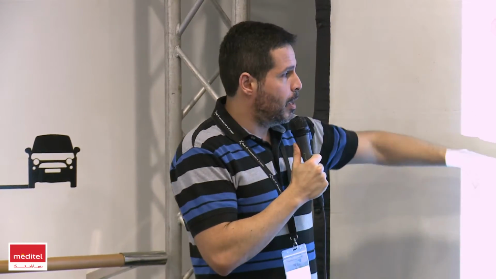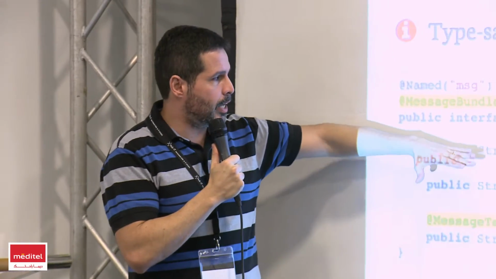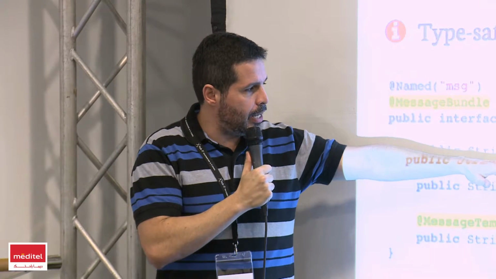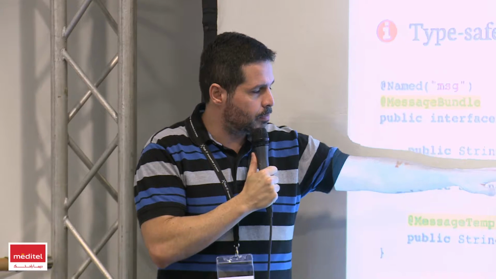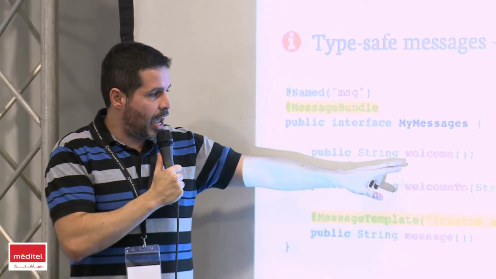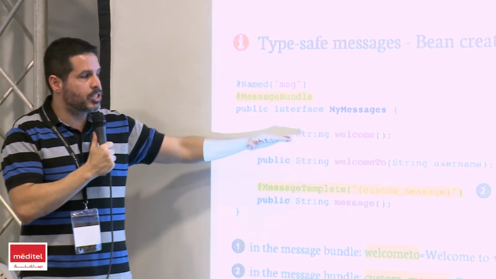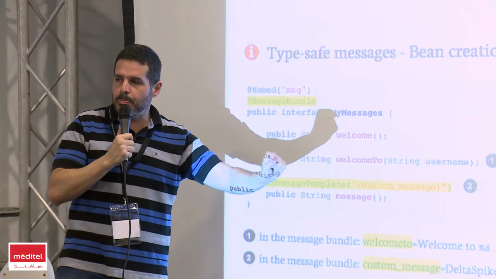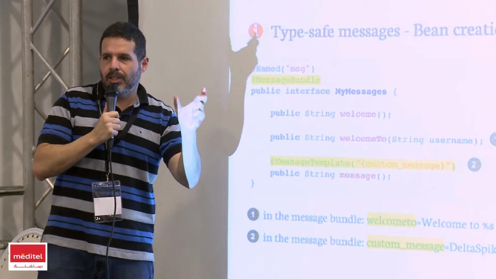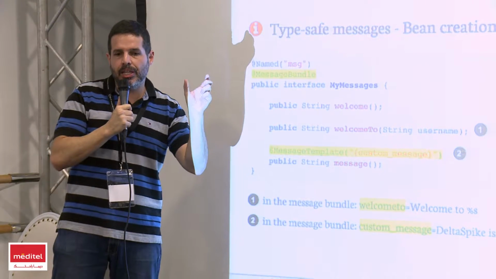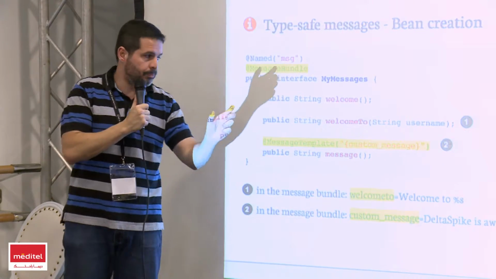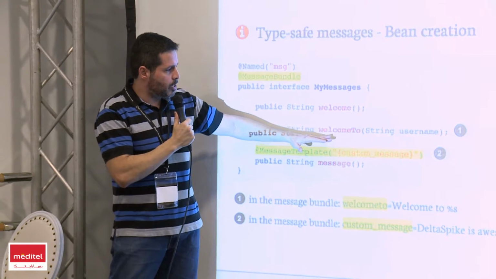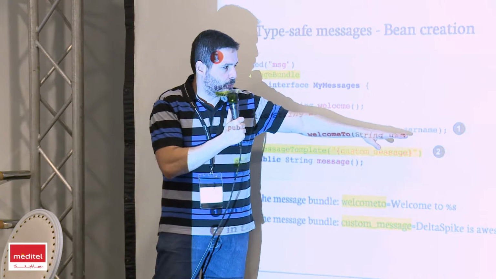Why is it type-safe? Because you create an interface, like here, I created an interface, and look at the signature of these methods. If I have a method here called welcome that returns a string, this will look in the resource bundle file for a key called welcome. You can have, for example, like here, a method named welcomeTo that receives a parameter.